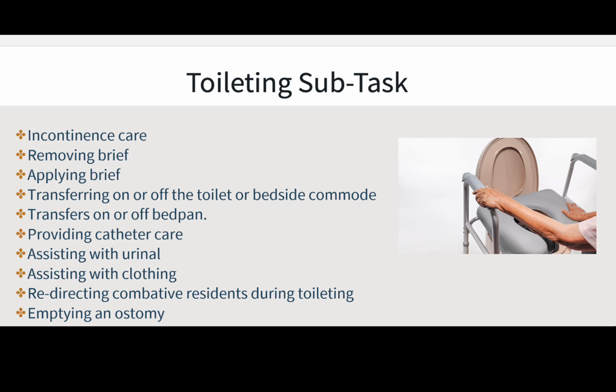The subtasks include that incontinent care, removing the brief, applying a brief, transferring on and off a bedside commode or a bedpan, providing catheter care, assisting with the placement of a urinal or the use of a urinal, assisting with clothing, redirecting combative residents during toileting. So if we have to assist a colleague with incontinent care during a behavior episode, that's included in the toileting subtask, or if we're emptying an ostomy.